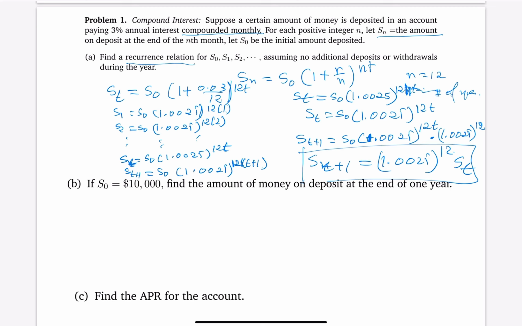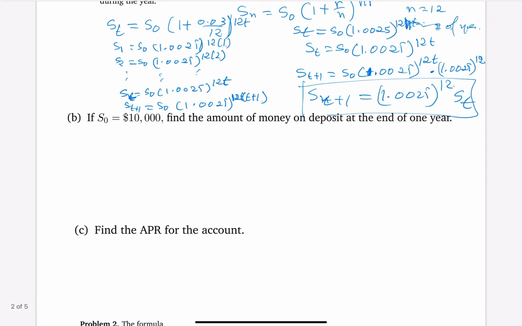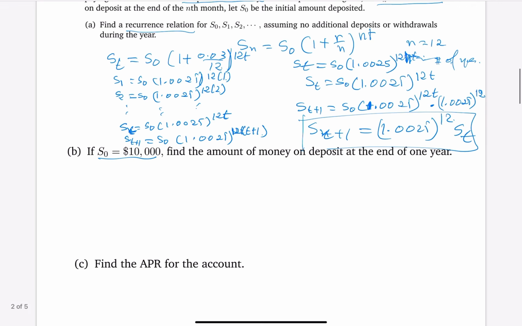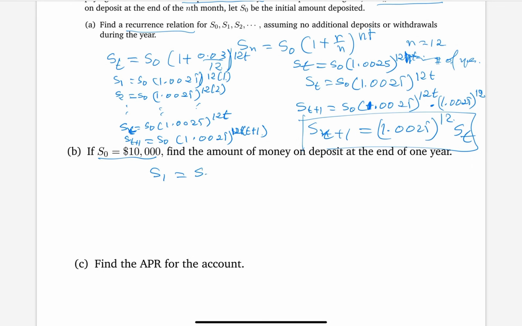That's the recurrence relation. So now the next one is, if S0 is this, find the amount deposited for 1 year. Of course, S1 is S0 times 1.0025 to the 12. This is just 1 year, where the exponent is the number of years.